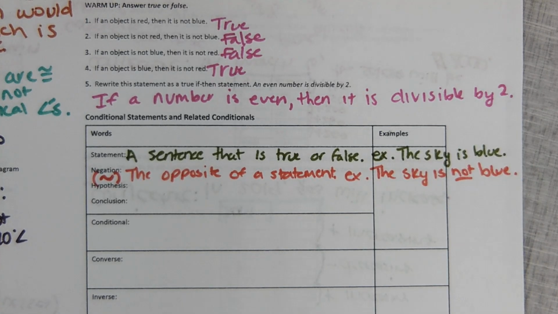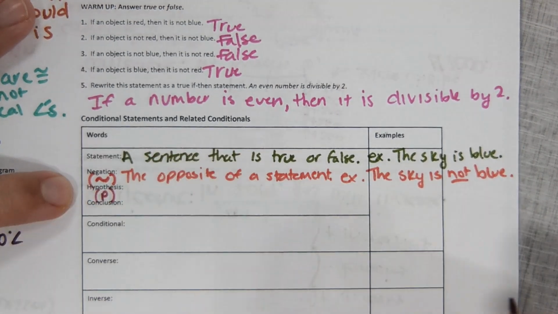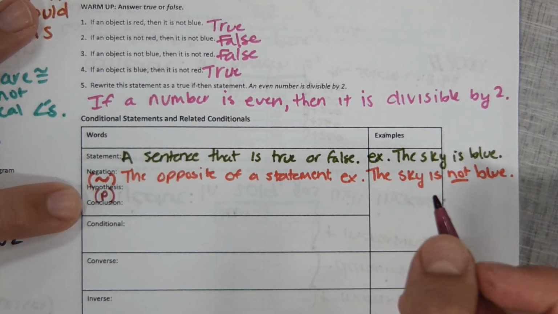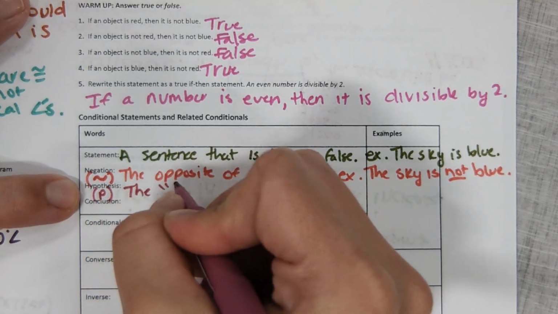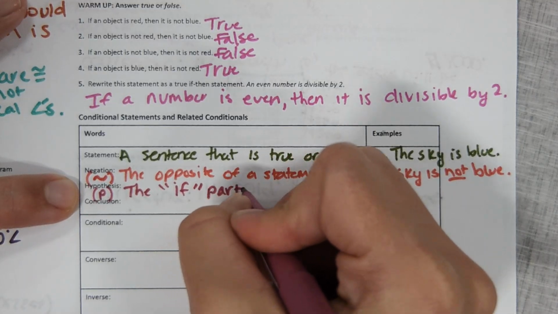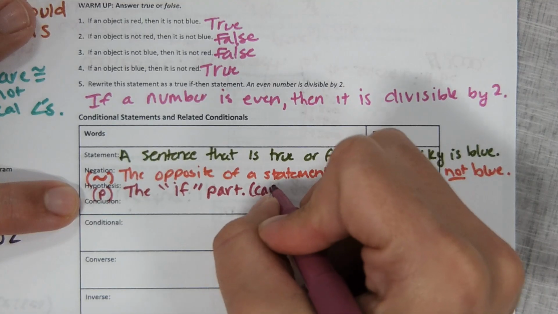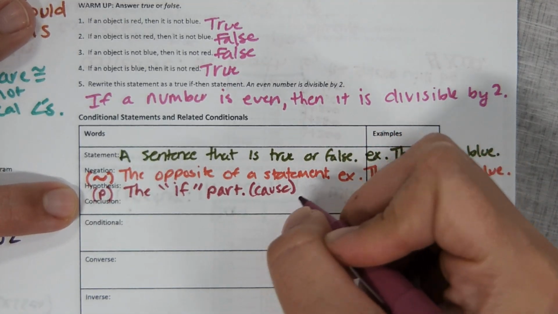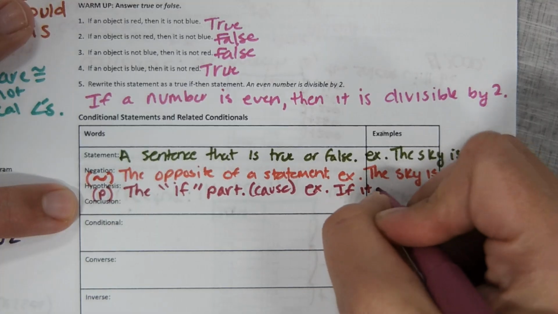And then hypothesis, abbreviated P. It's the if part of the statement. It is the cause. An example would be if it rains.